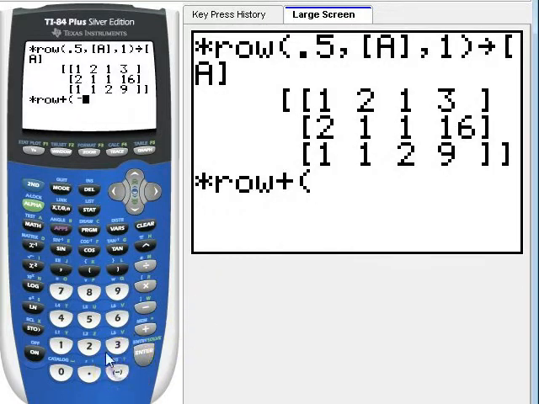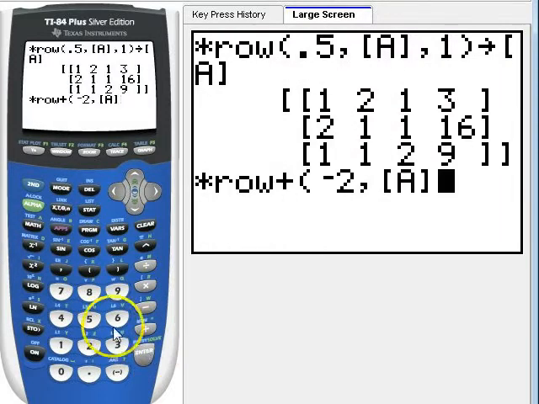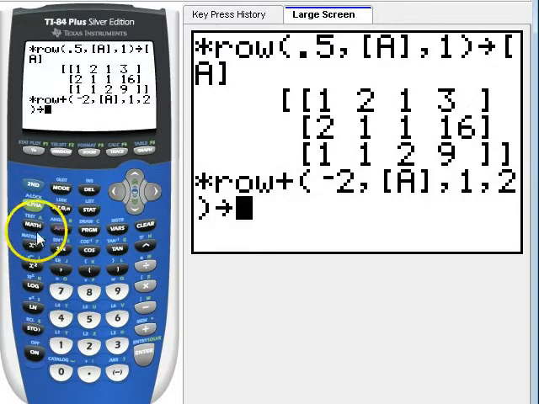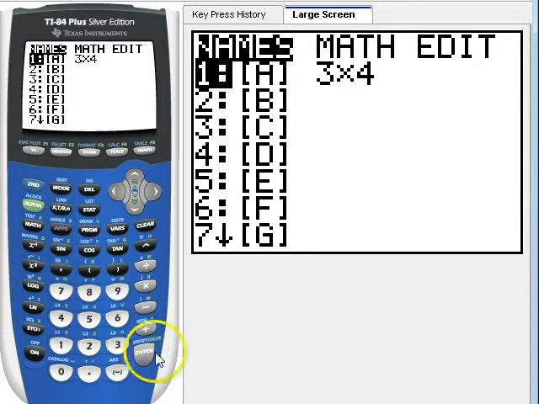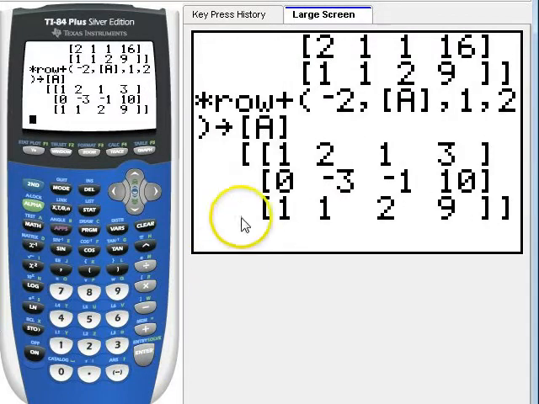So we're going to multiply negative 2 in matrix A. I'm going to multiply it by row 1 and add the answer to row 2, substituting it into row 2. Don't forget, store it in second matrix A, and just like that, it's a 0.